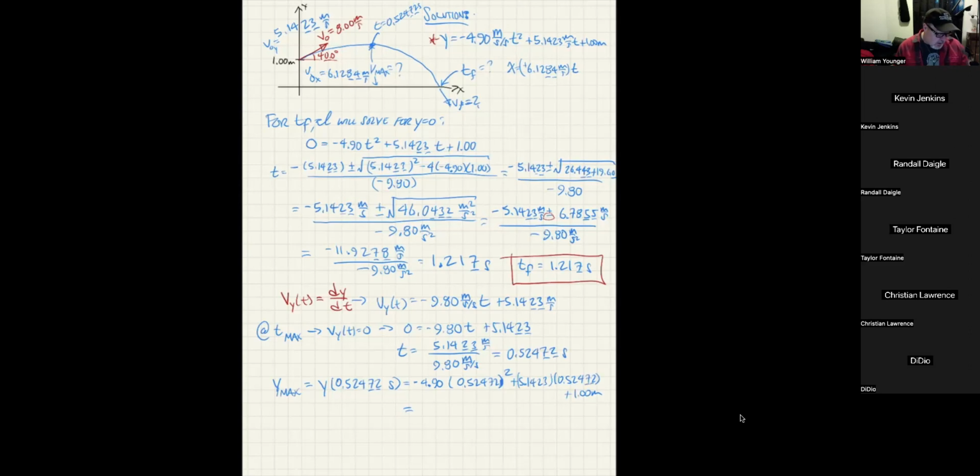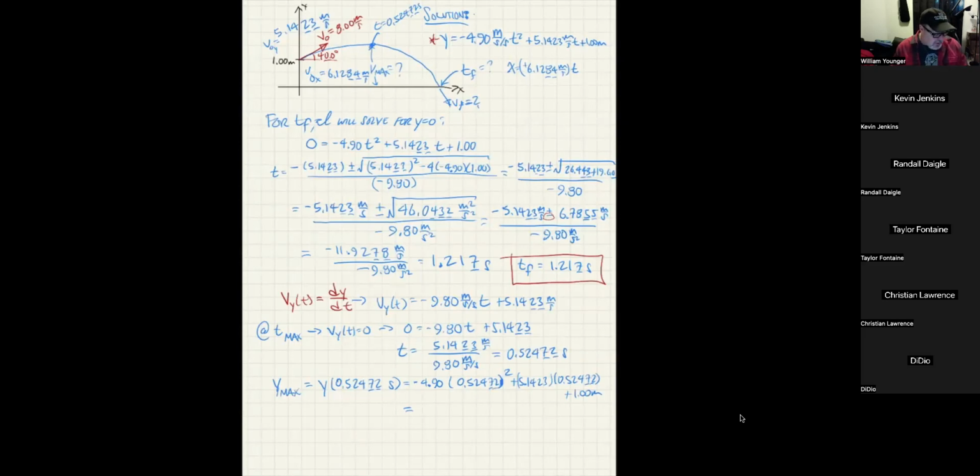Okay. So when I did the 4.9 times the 0.52472, we had decided that only the 7 and 2 were bad. So it's 3 sig figs times 3 sig figs.